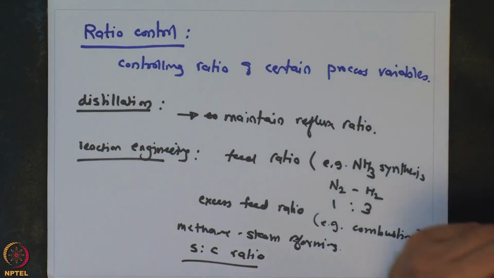In a lot of places you can revisit your other chemical engineering courses and you will realize that a lot of times we are interested in maintaining certain ratios, because that essentially governs the productivity or economics of that particular system. So let us see how we go about controlling or maintaining such ratios in a system. To that end, let me take a very simple example of blending.